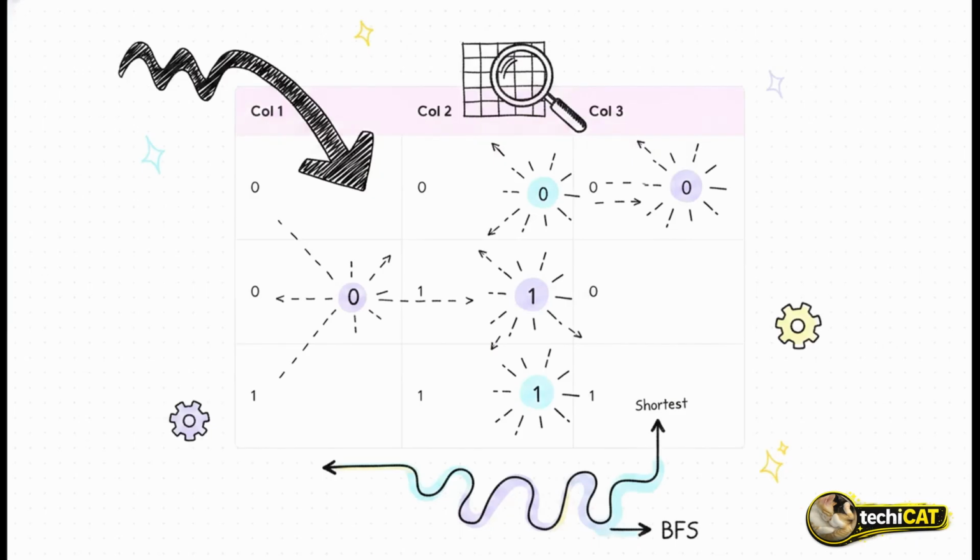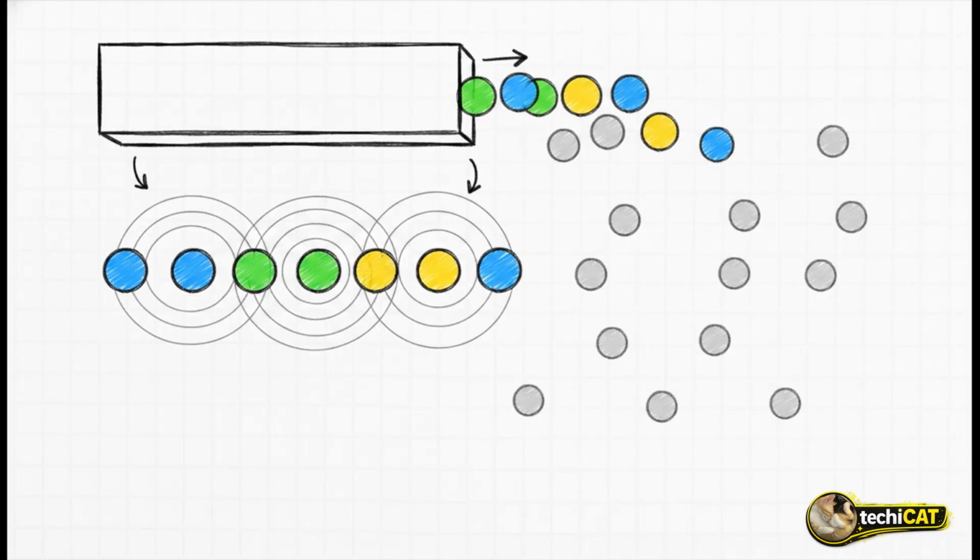Let's ground this with a classic problem, the 0-1 matrix. Imagine a grid completely filled with zeros and ones. Your goal is to find the minimum distance from every single cell to the nearest 0. Now, if you try to run a standard single-source BFS from every individual one just to hunt down a 0, you're going to end up doing a massive amount of repeated, totally inefficient work. So how do we flip the script to fix this? It's brilliant in its simplicity.